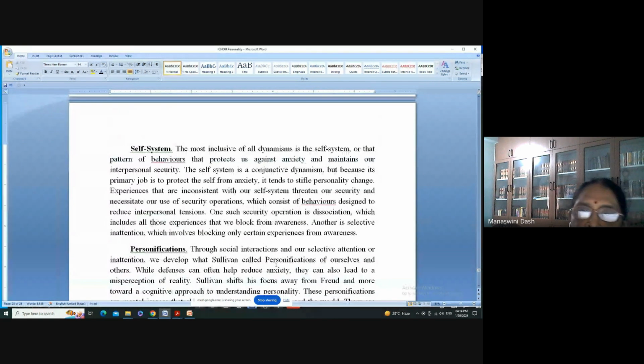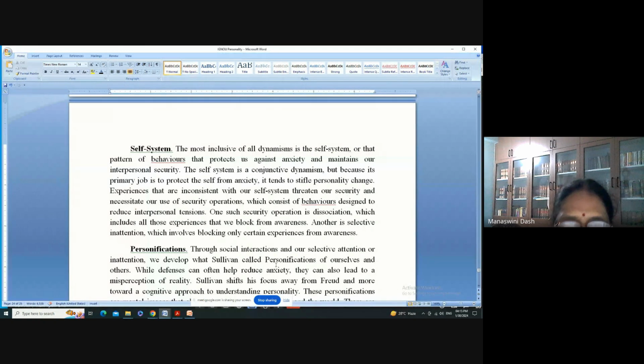Then self-system. Self-system in Sullivan's theory can be equated with defense mechanism. The self-system protects us against anxiety and maintains our interpersonal security.